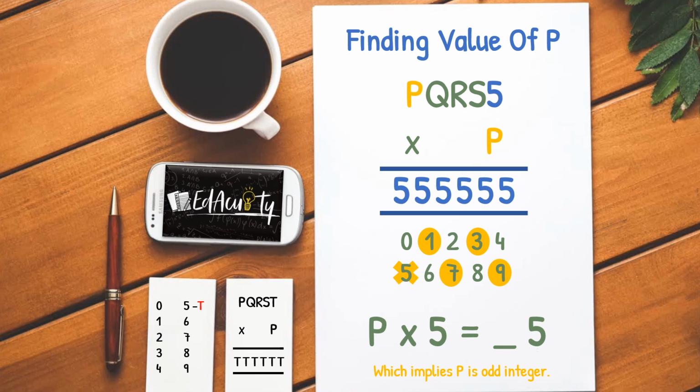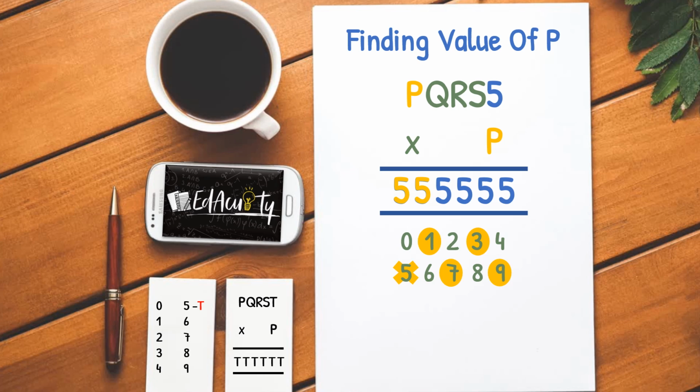To pick the apt one out of these, just focus on the answer that we are getting. The first 2 digits are 55 as highlighted above. So we can think that P multiplied by P itself plus some carryover would give 55 as the answer.